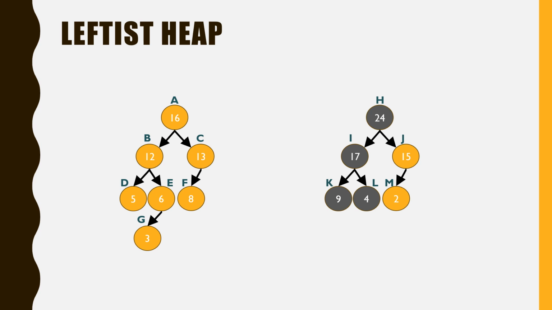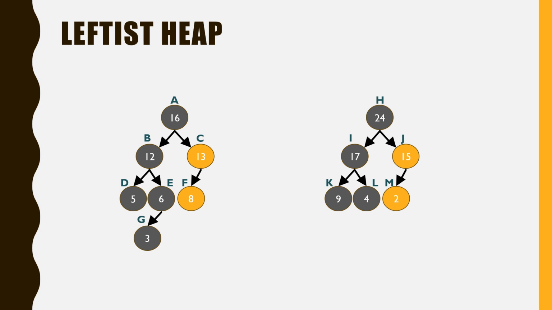The root of the first heap, node A, is greater than the root of the active component in the second heap, node J. In this case, we merge the active component in the second heap with the right subtree of the first heap. That is, we merge the subtree rooted at node J with the subtree rooted at node C.